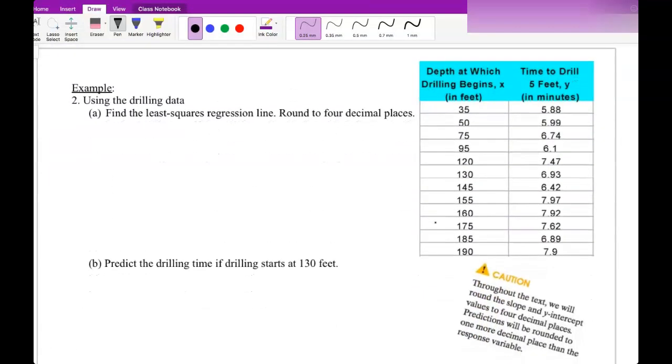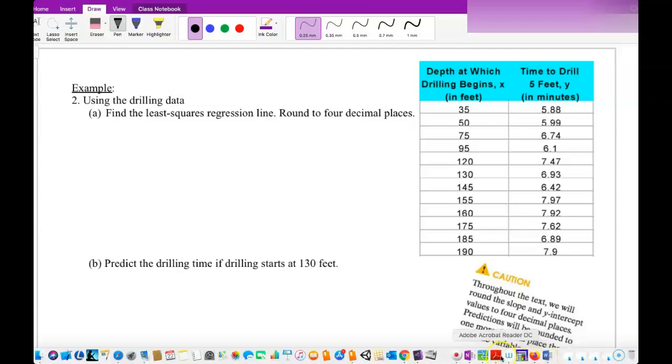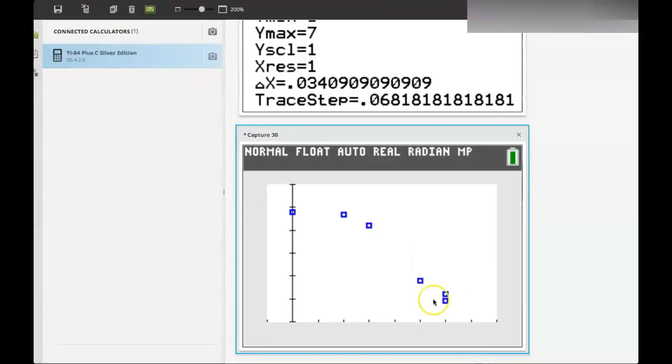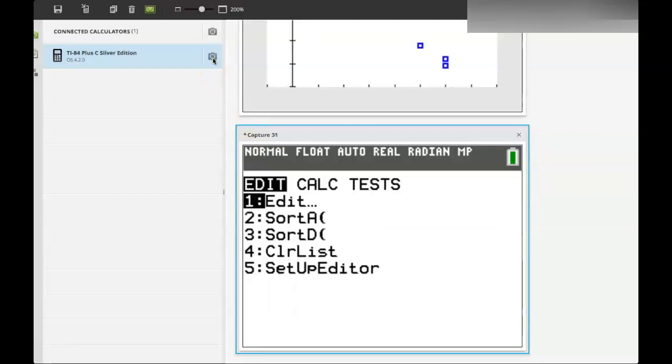Now, example, using the drilling data, part A: find the least square regression line. So first, using the TI-84, we should enter all this data. So press Stat, Edit, Enter.